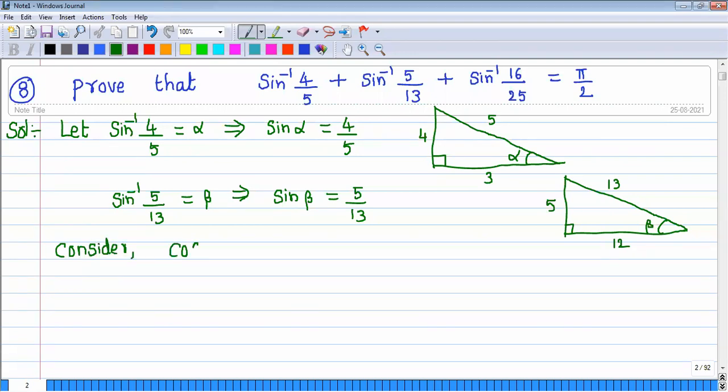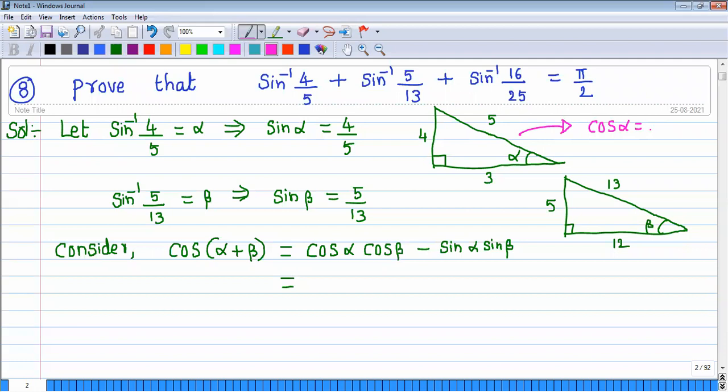Now consider cos of alpha plus beta. In compound angles, we have the cos of A plus B formula: cos A cos B minus sin A sin B. Not plus, minus, danger. So cos of alpha plus beta is cos alpha cos beta minus sin alpha sin beta. What is cos alpha? From this triangle, cos alpha is 3 upon 5.